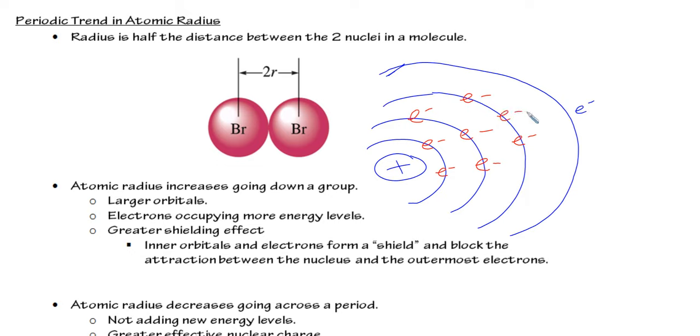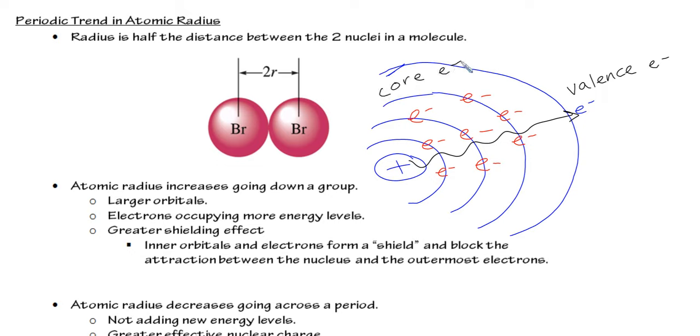Okay, so now here's the problem. Whoever came up with this name shielding effect, it was brilliant. This nucleus is going to have a hard time holding on to that outer electron in the first place. This guy is the valence electron, the electron in the outer shell, and these inner electrons are called core electrons.